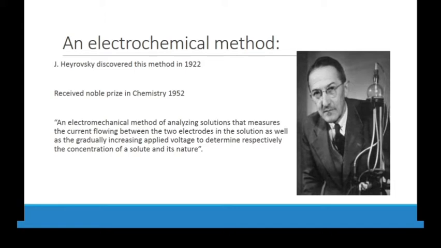This is the picture of the scientist with the polarography instrument. He described it as an electrochemical method of analyzing a solution that measures the current flowing between two electrodes, one a reference electrode and one an indicator electrode in the solution, with a gradually increasing applied voltage to determine the concentration of a solute and its nature.